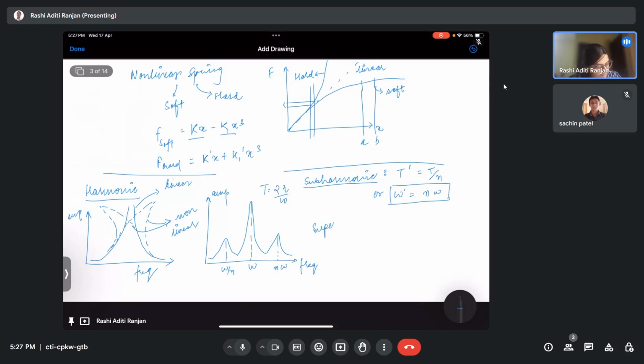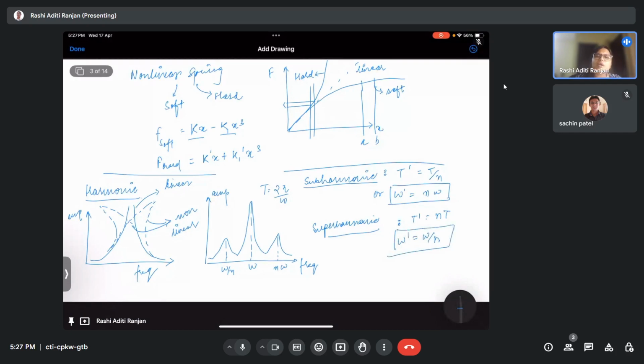While in case of superharmonic, we had T dash equal to n times T. So my time period was actually getting multiplied by some positive integer, so my omega dash was now omega by n. So these two were my cases for sub and super harmonic.